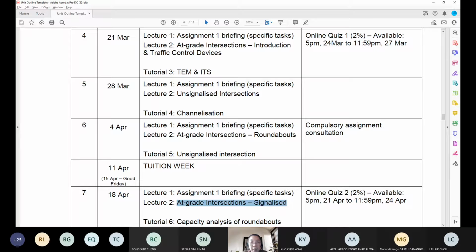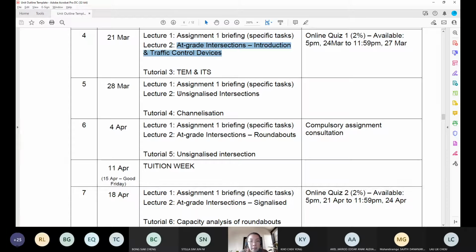So if you look at these 4 weeks, we'll be learning about intersections, and how to control traffic with just using, for this week's introduction, signs, traffic signs, as well as traffic marking, pavement markings. So how we manage traffic by using just those tools.